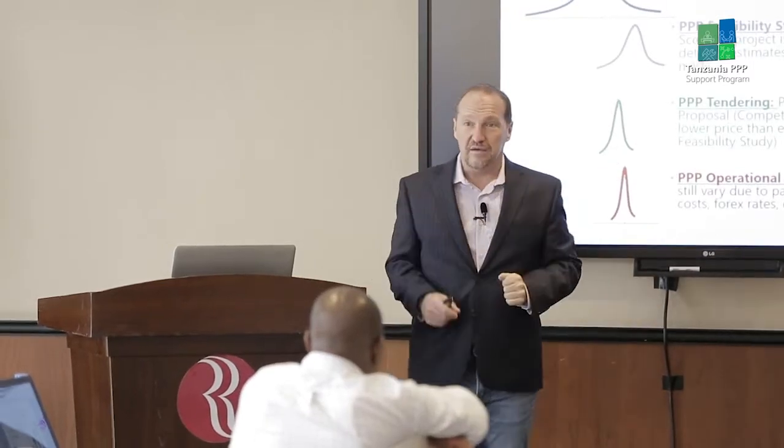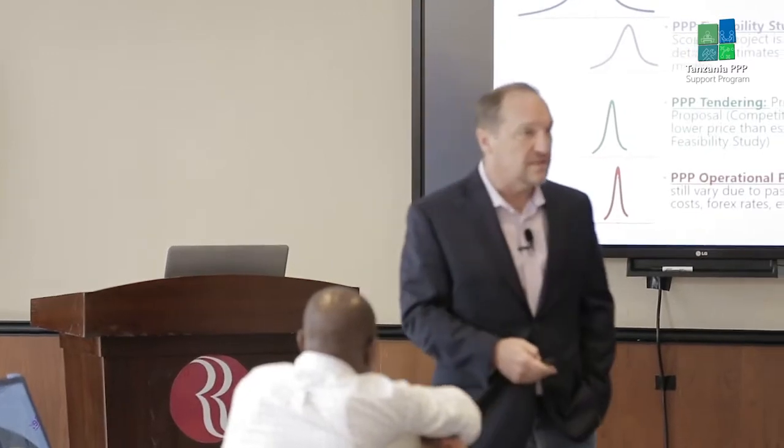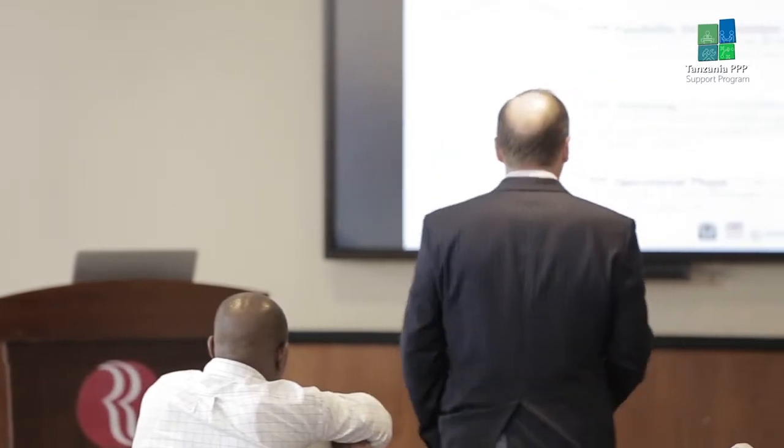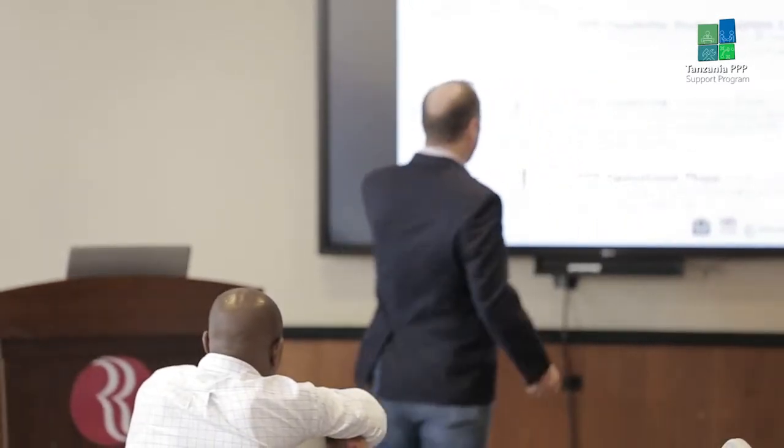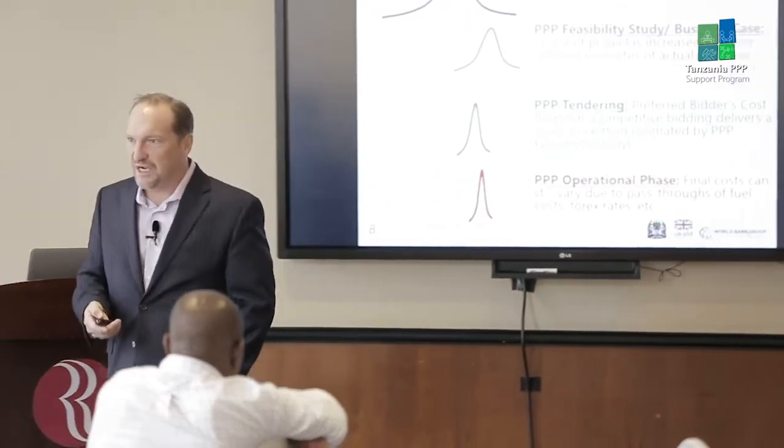But here again, we'll say that the actual prices usually have certain formulas attached to them, such as for adjustments for the price of inflation, or there could be adjustments for some of the other input costs, but it is much narrower. And then even during the operational phase, well, you're going to need financial models at least to check the realism of each of your estimates at each phase. Just understand that they differ.